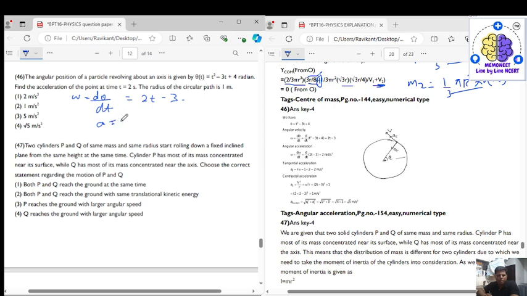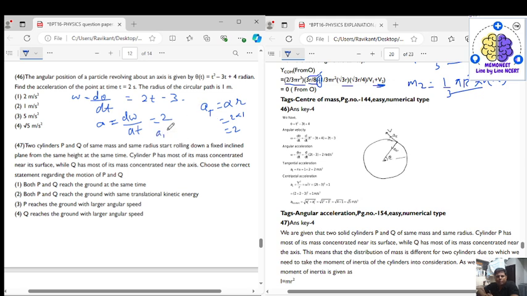Alpha is equals to d omega by dt. So this will be equals to 2. So alpha is equals to 2. So a along the tangent is equals to alpha into r. Alpha is 2, r is 1, so it will be equals to 2.